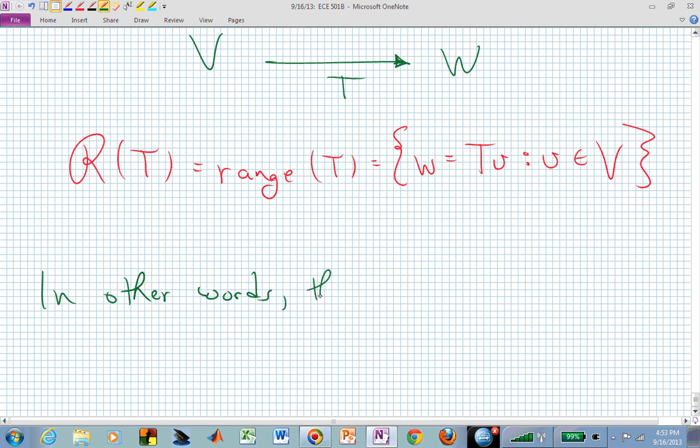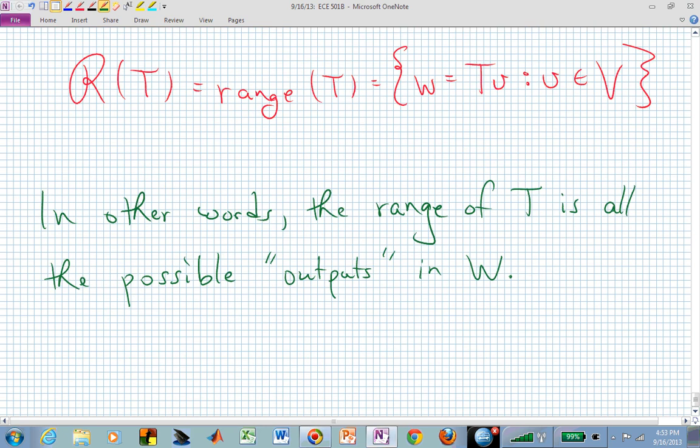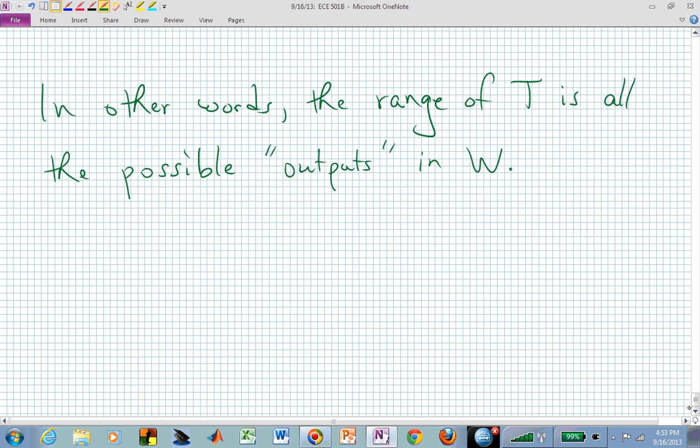In other words, the range of T is all the possible outputs in our codomain W. And one of the nice things is we knew that the null space of T was a subspace, but a subspace of what?